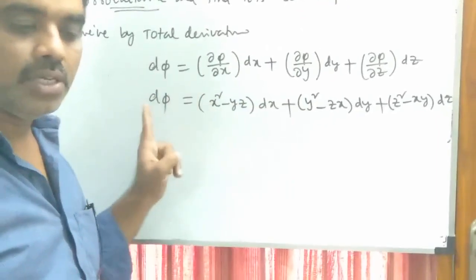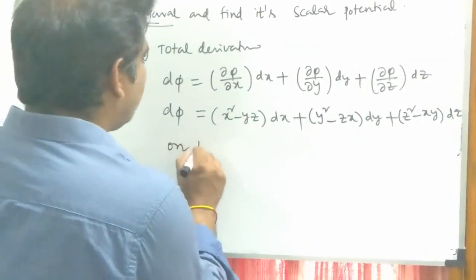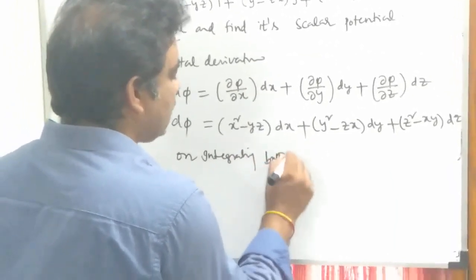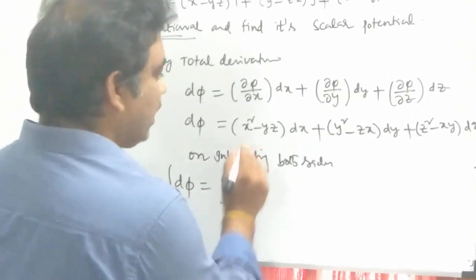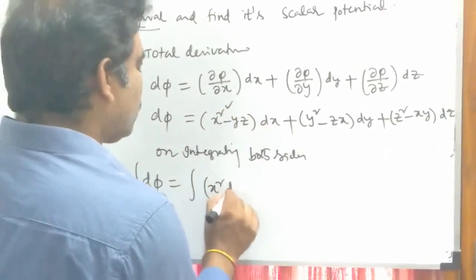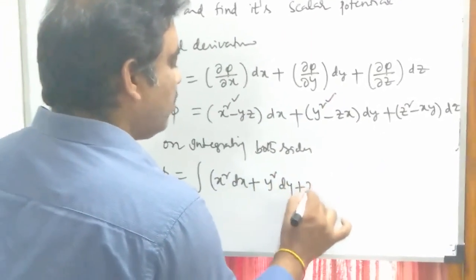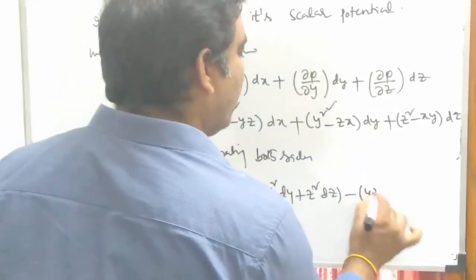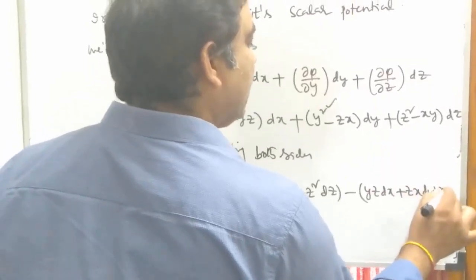On integrating both sides, integral d phi is phi. Integral d phi is equal to integral, so I am writing like terms: x square dx plus y square dy plus z square dz minus of yz dx plus zx dy plus xy dz.